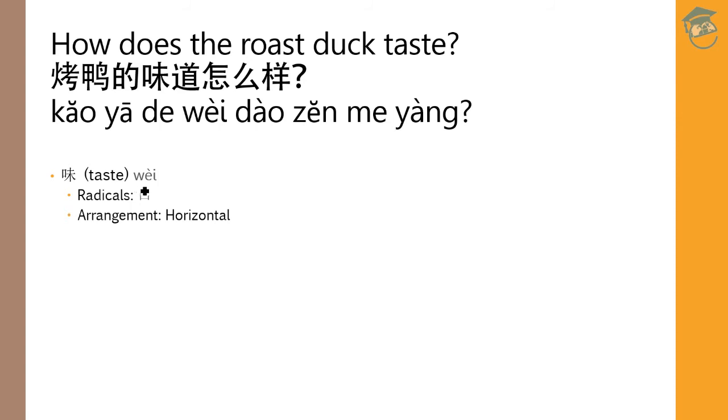This is the pinyin 味, and the radical is the one on the left there. So the arrangement is horizontal because you have a left and right component. Let's look at how to write 味. 1、2、3、4、5、6、7、8. 8 strokes for this word, 味.